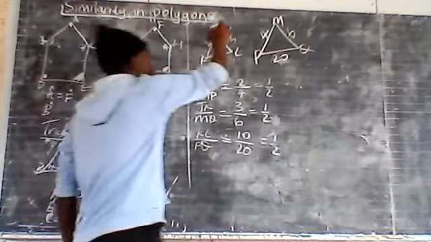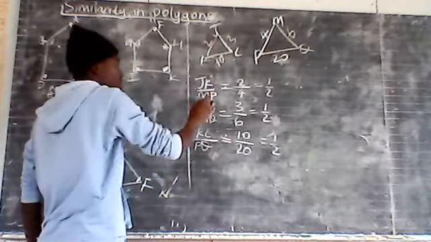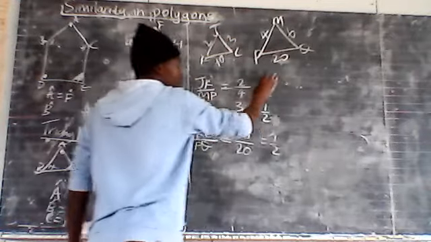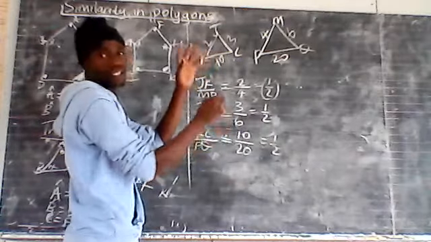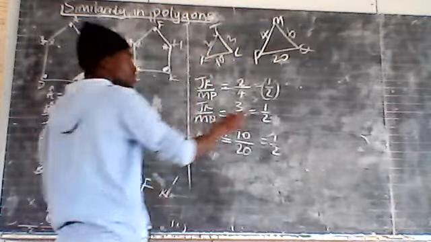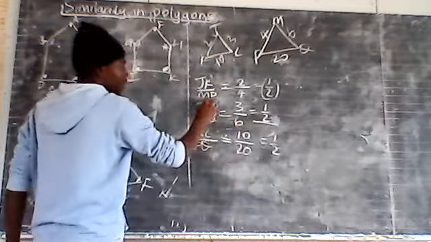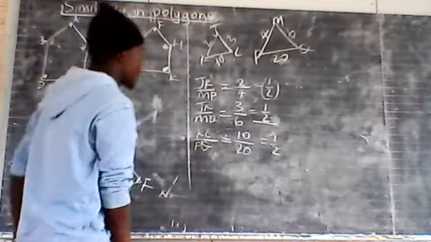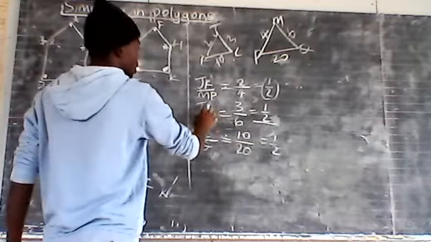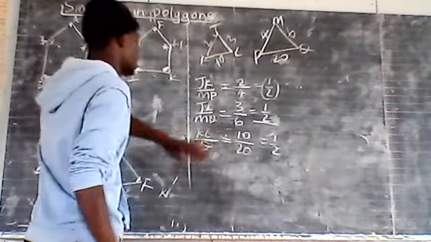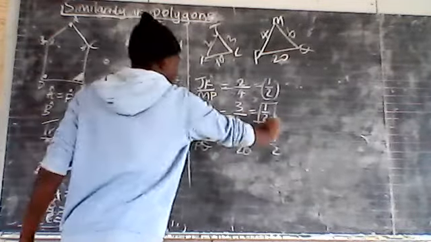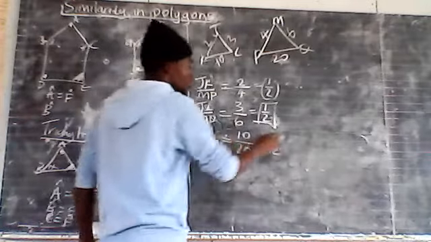If you divide JK by MP and it gives you half, and you find the other two sides that, when you divide the one with the other, also give you half, like in this case JL over MQ also gave me half, and KL and PQ also gave me half.